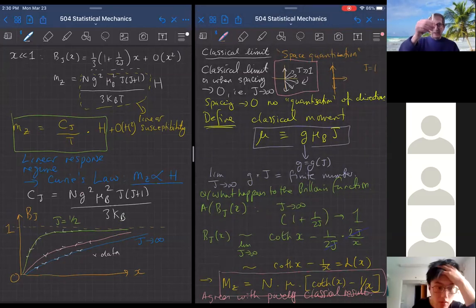If I have spin 1, then it points up like this. Mz is 1, or 0, or -1. So the spacing in the z direction, which is what we're interested in, has now gone from +1 to -1, which is 2, to now +1 to 0, which is 1, and 0 to -1, which is 1. So the spacing is smaller.